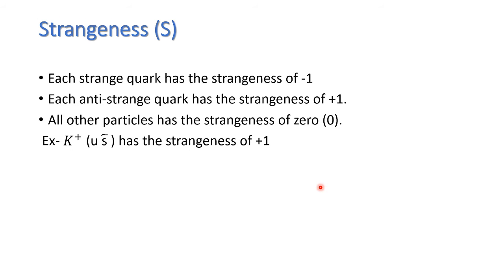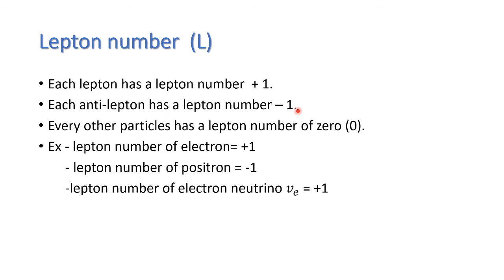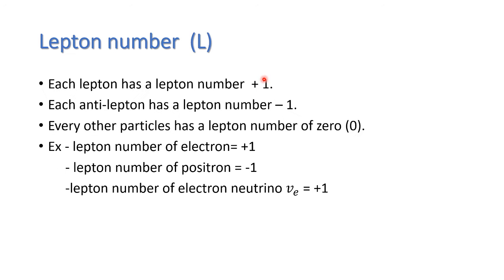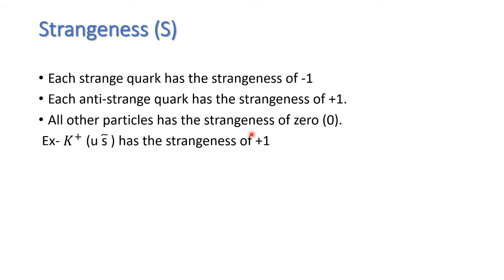Next, strangeness, another property. Each strange quark has a strangeness of -1. Earlier, for the particular particle it was positive; here the baryon number is +1/3 and the lepton number is +1, but the difference to remember is that the strange quark has a strangeness of -1. The anti-strange quark has a strangeness of +1. All other particles have a strangeness of 0.